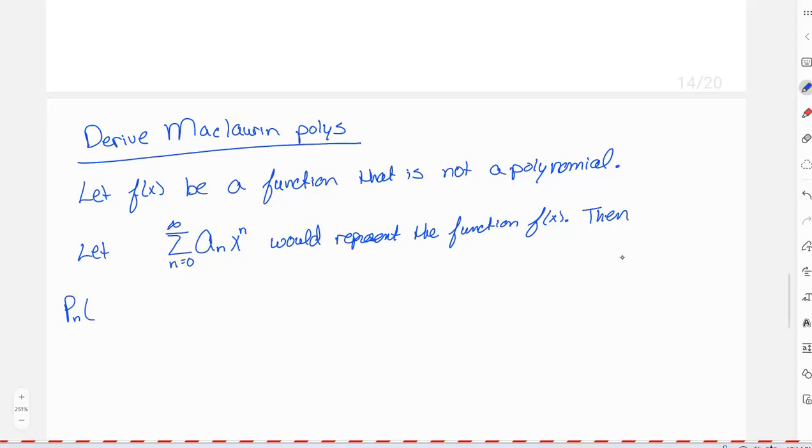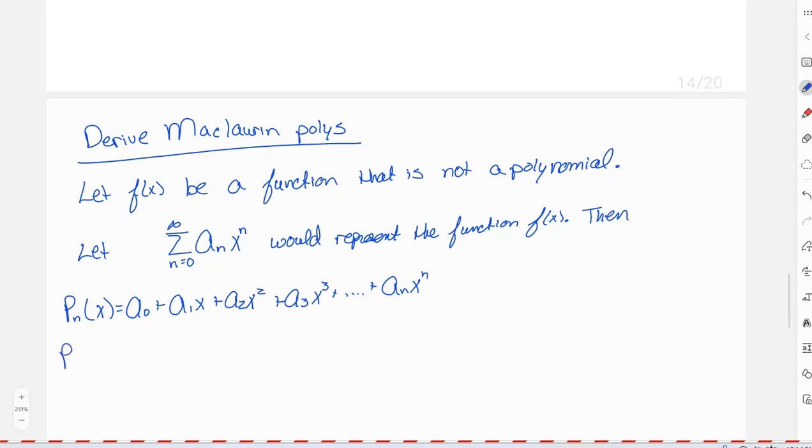So if I want the nth degree polynomial, it would be a naught plus a1x plus a2x squared plus a3x cubed, and then so on.